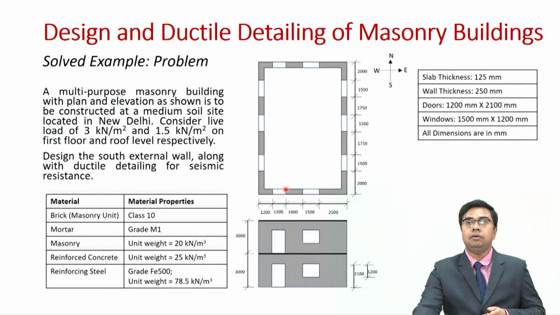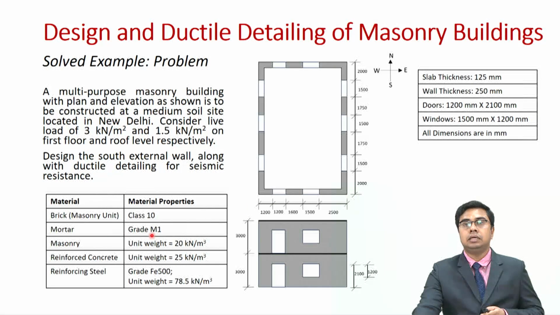And here you can see we have two doors, one in southern wall and another in northern wall, and we have total number of 8 windows, one each in northern and southern walls and 3 each in eastern and western walls. We shall be using class 10 brick as our masonry unit for constructing our building.